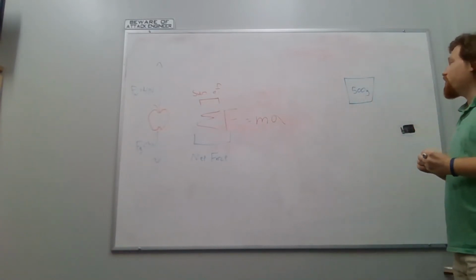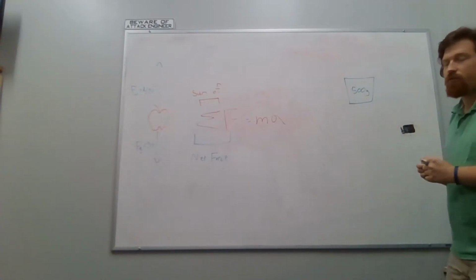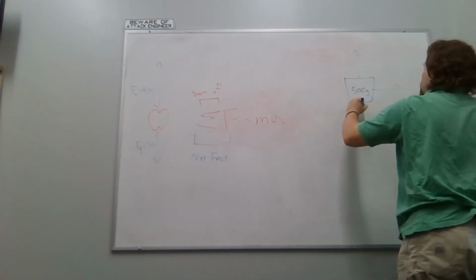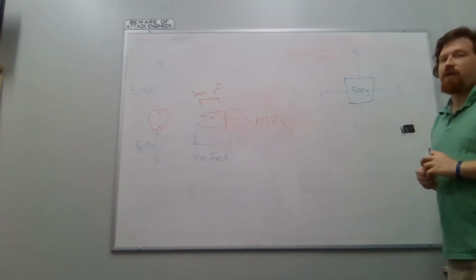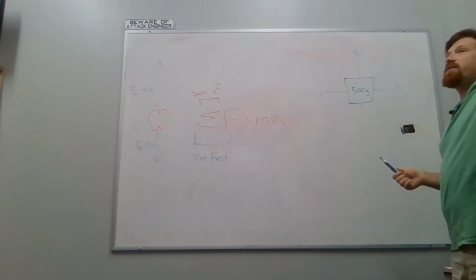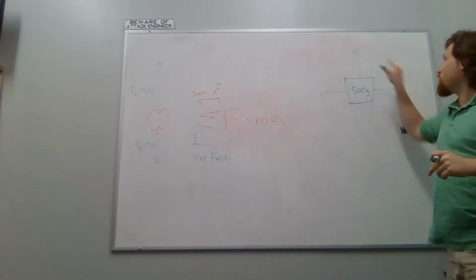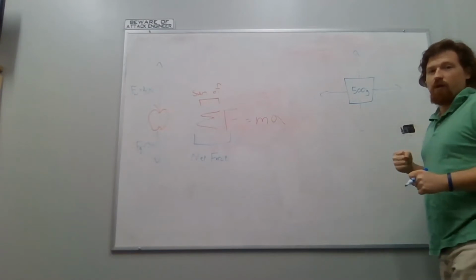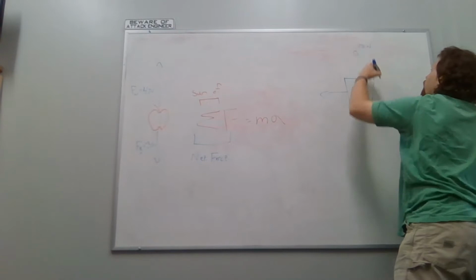Now, there are 4 separate forces acting on this box in this question. So, let's envision, say, this is a very strange game of tug-of-war, and we're looking down on this box from above, and our 4 players are all trying to pull the box in their own direction. So, our first force is 100 newtons upwards.